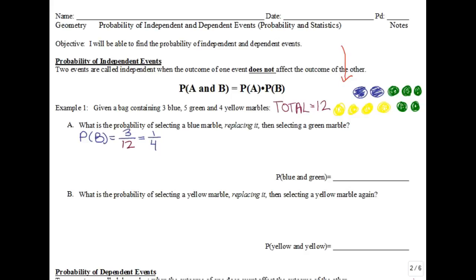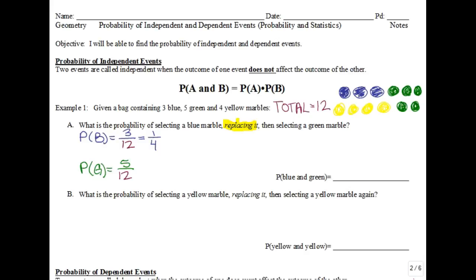So we took the marble out, and then we are going to replace it. Now, let's find the probability of selecting a green marble. Since there are 12 marbles still in the bag, the probability of picking a green marble is 5/12.